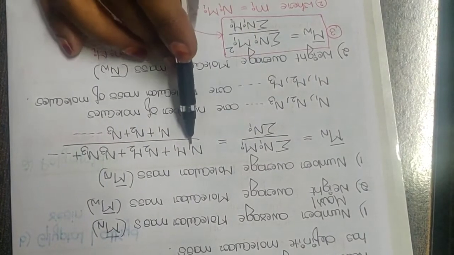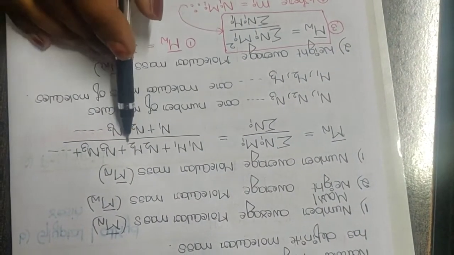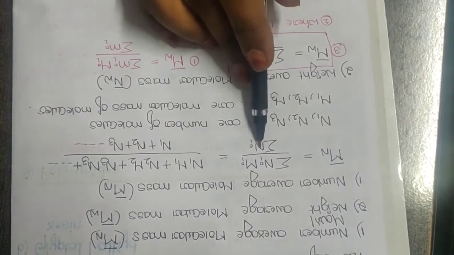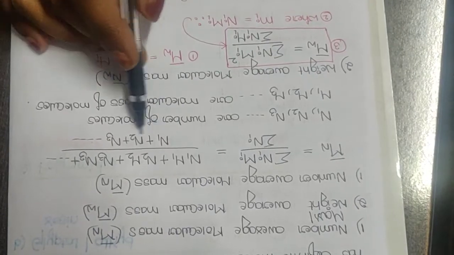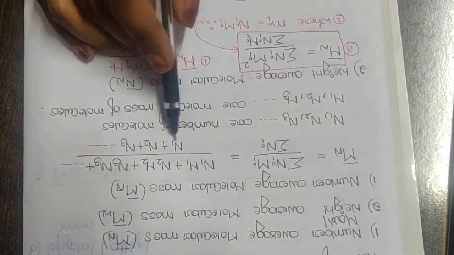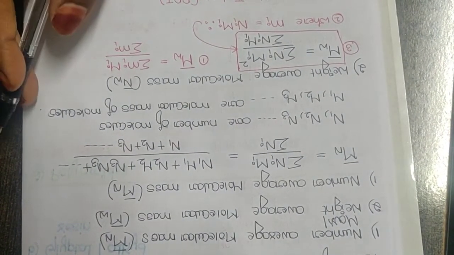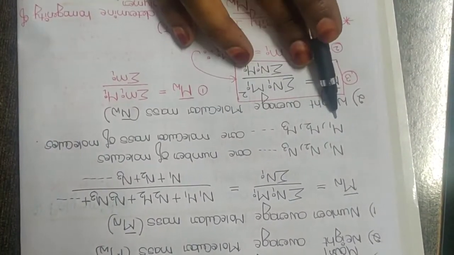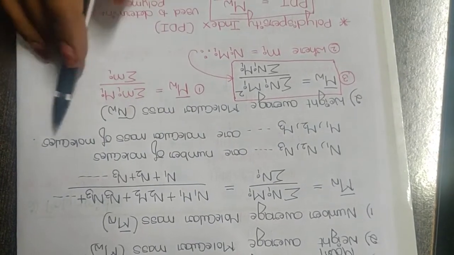So it can also be written as N1 M1 plus N2 M2 plus N3 M3 and so on, divided by summation of Ni. That means I should take only the numbers here, so it will be N1, N2, N3 and so on, where N1, N2, N3 are number of molecules and capital M stands for molecular masses of the molecule.